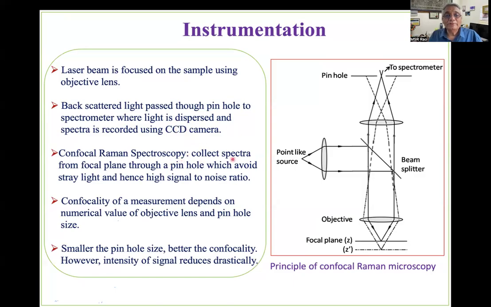Confocal Raman spectroscopy collects the spectral information from the focal plane through a pinhole, which avoids stray light, and hence a high signal to noise ratio is maintained.